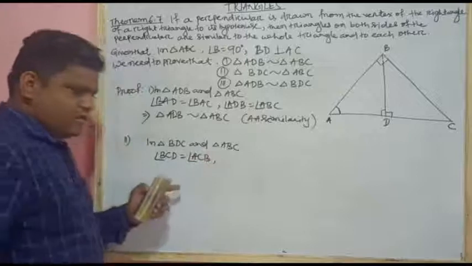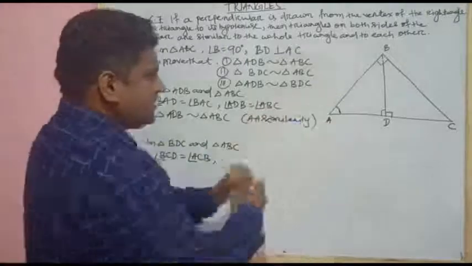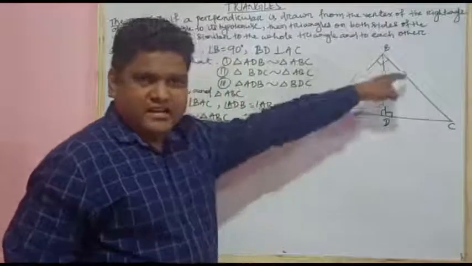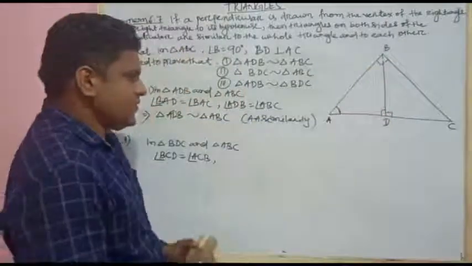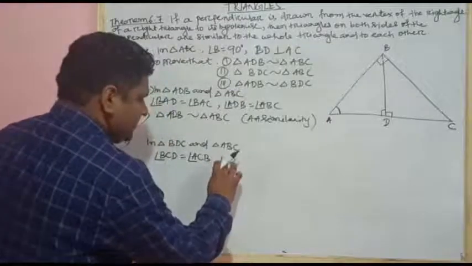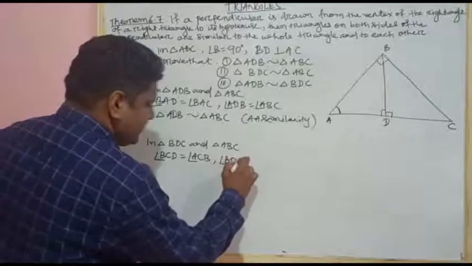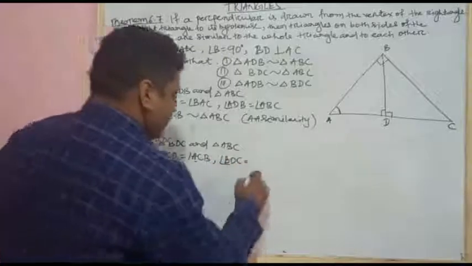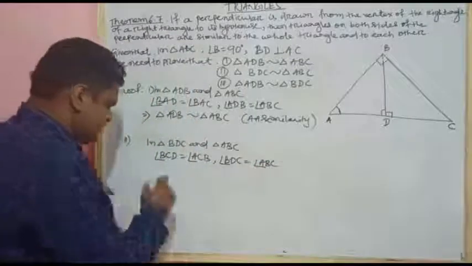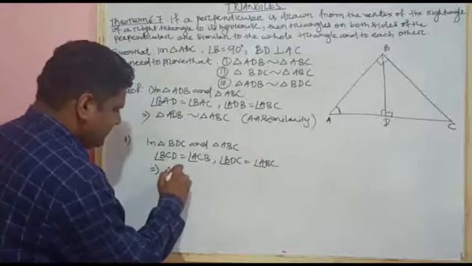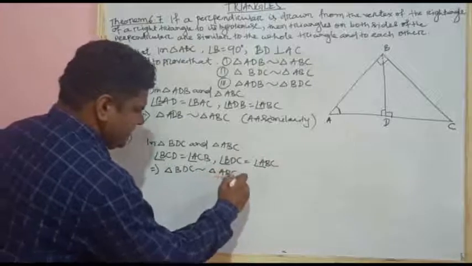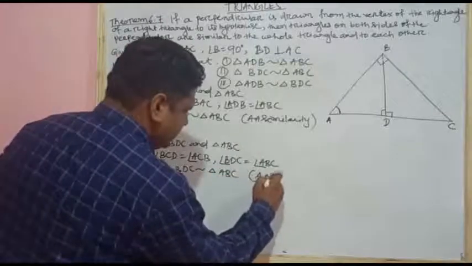These two are common angles for both the triangles, and also in triangle BDC, angle D is a right angle, and in triangle ABC, angle B is a right angle. So we write angle BDC is equal to angle ABC. Both are right angles. This implies that triangle BDC is similar to triangle ABC by AA criterion of similarity.